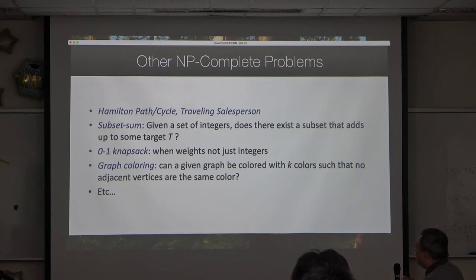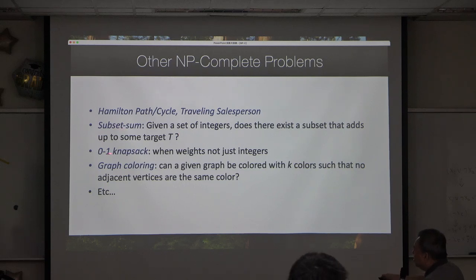There are other very famous NP-complete problems, such as Hamilton path, Hamilton cycle, the traveling salesman problem, the one that I just told you, and subset sum. Given a set of integers, does there exist a subset that adds up to a certain target t?